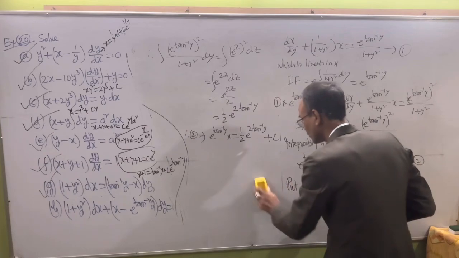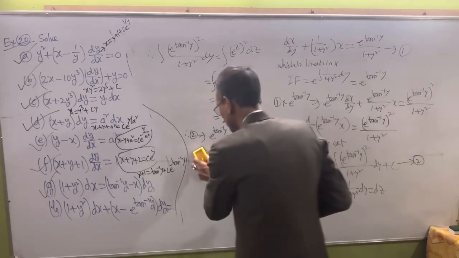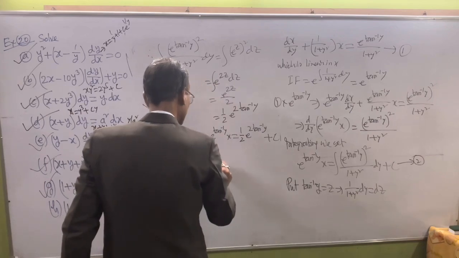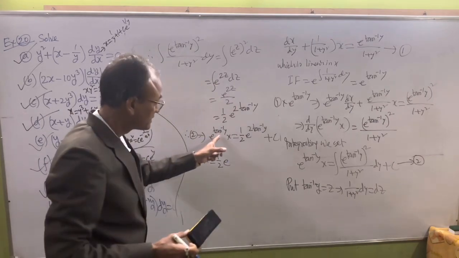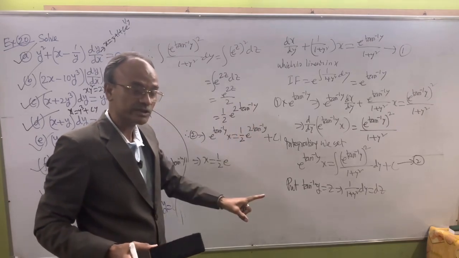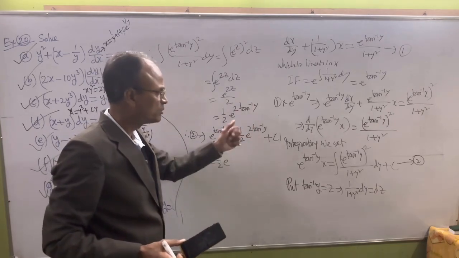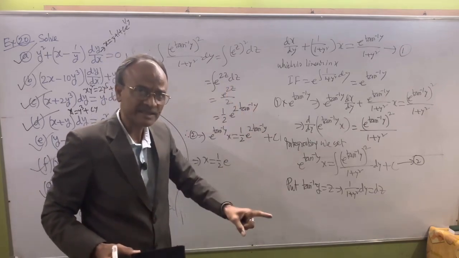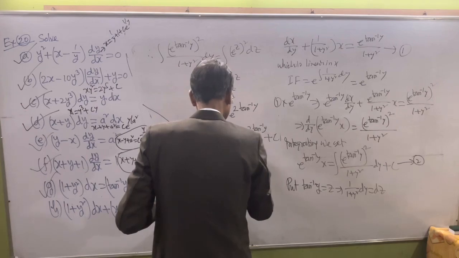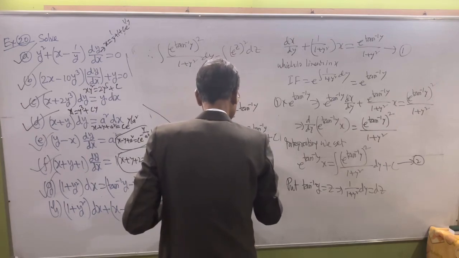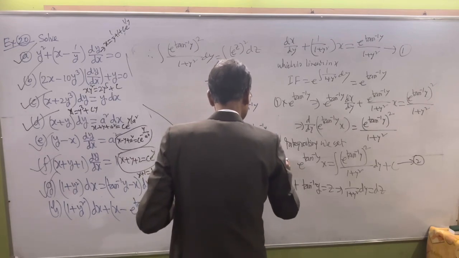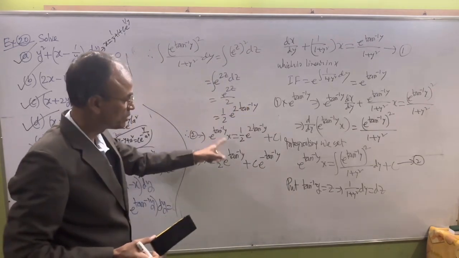This means x equal to 1 by 2 e to the power twice tan inverse y, divided by e to the power tan inverse y, that is e to the power twice tan inverse y minus tan inverse y, equal to e to the power tan inverse y, plus c. E to the power minus tan inverse y means c divided by e to the power tan inverse y.